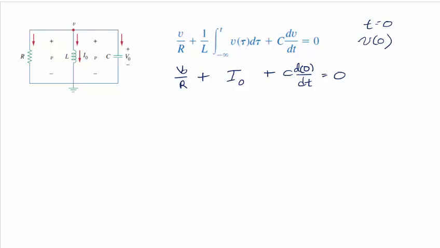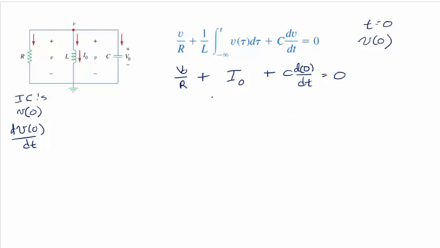Since this is a second order differential equation, we need two initial conditions, and we have two unknowns, A1 and A2. Our initial conditions are generally V at some time, and the other one will be dV over dt at some time. So these are the two initial conditions that we need in order to find our A1 and A2.